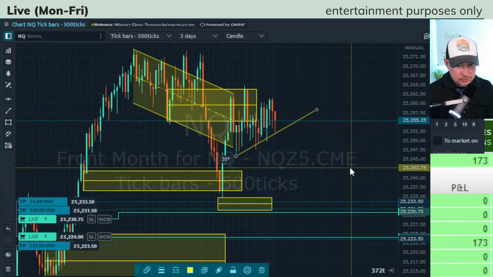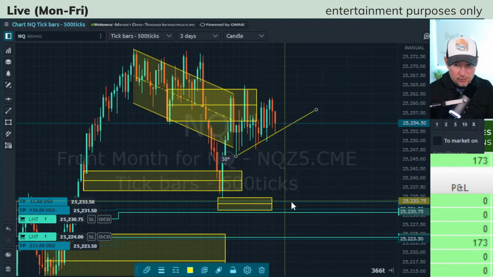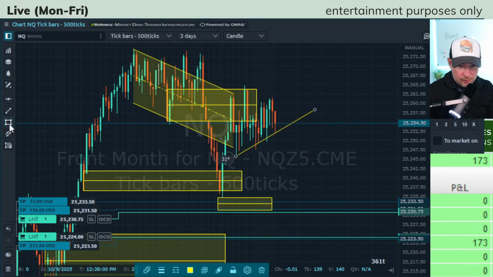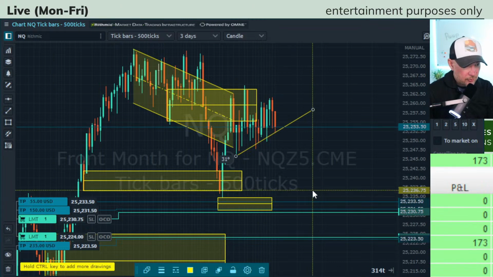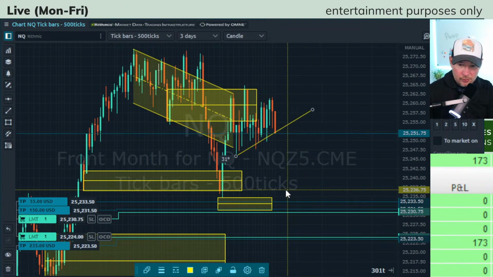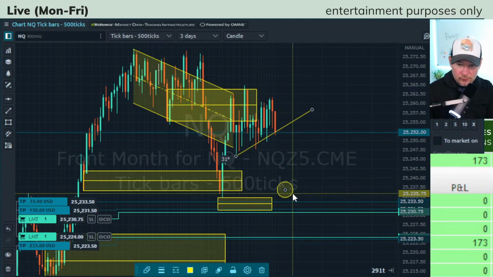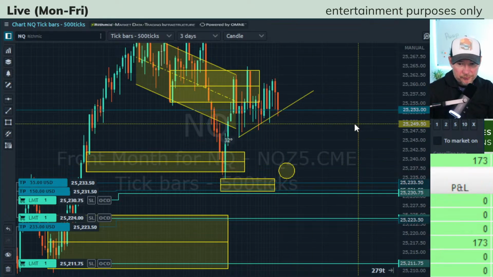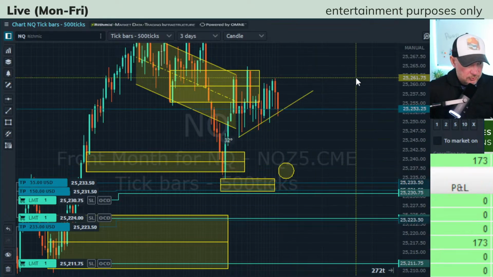Russell is essentially down here right now. I'll do a circle. So let's see if the Nasdaq will follow suit and come down here in the next few candles.